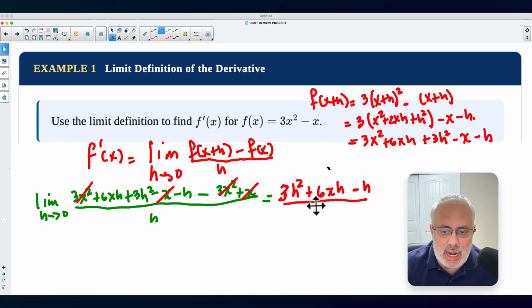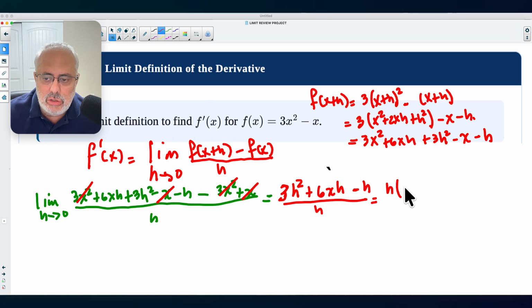And in our strategy, we said that we are ready to factor out. We are going to factor out h. So we factor out h, and we finish with just dividing by h. So we get 3h plus 6x minus 1 divided by h. So we cancel the h.